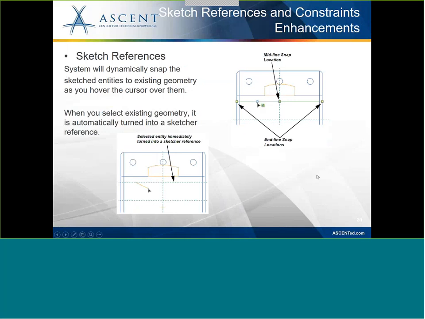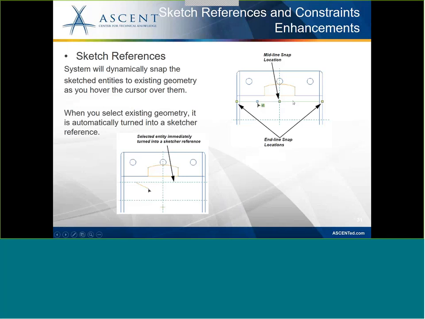Sketch references. Over the years, we've all been taught typically to select your sketch references before you start sketching so that when you're sketching, your geometry snaps to those references. It's still not a bad idea to do that, but it's not necessary anymore. As you're sketching, if you cursor over an existing geometric entity, the system will snap to that entity. And it provides you two things.